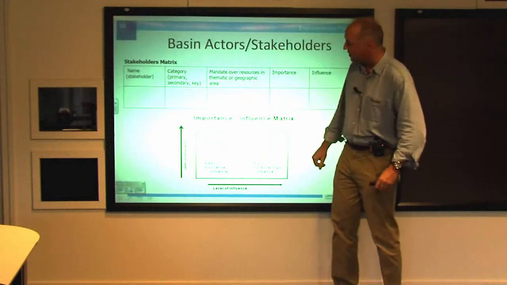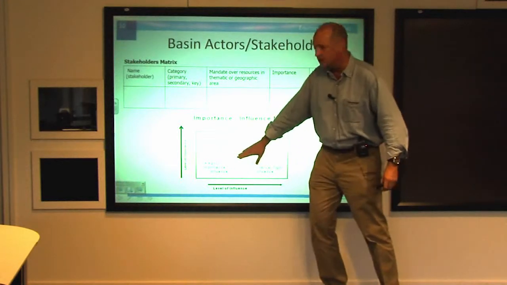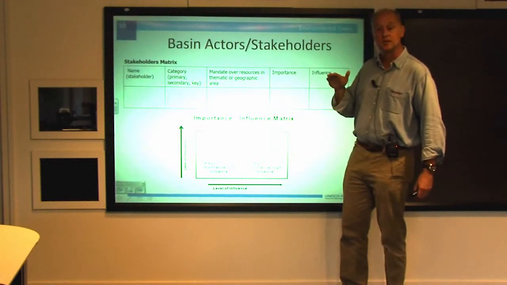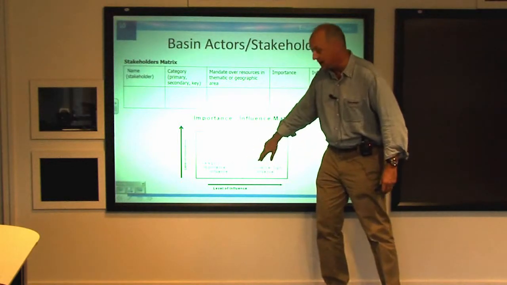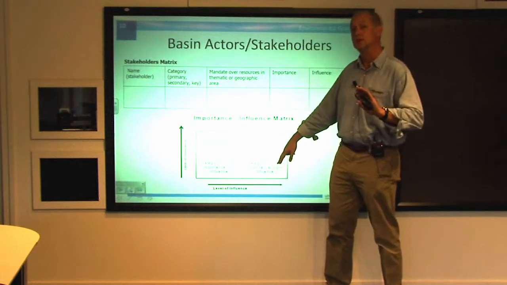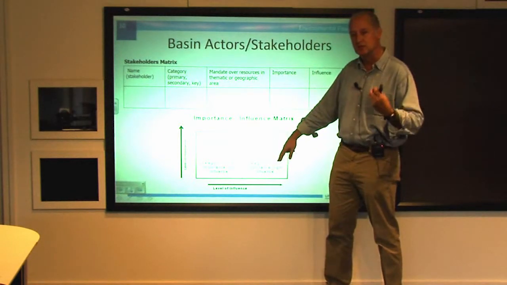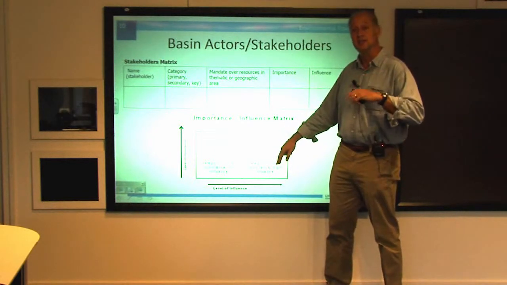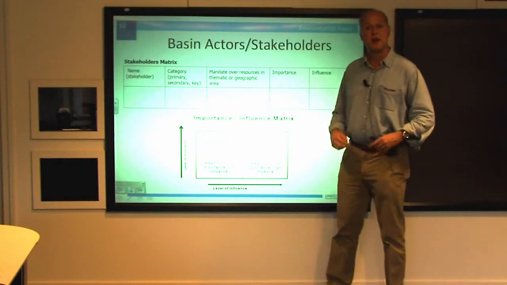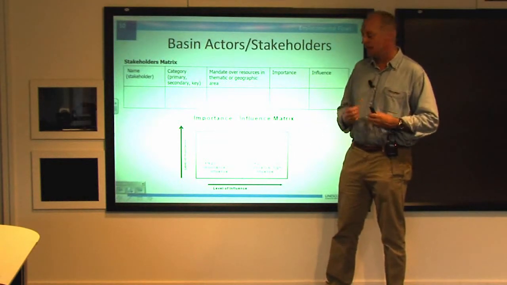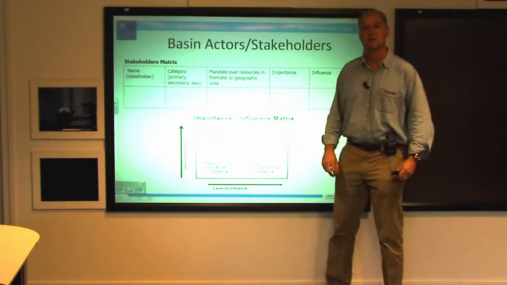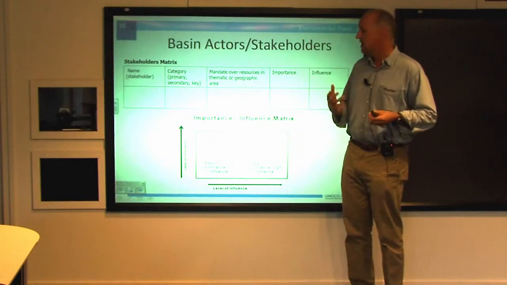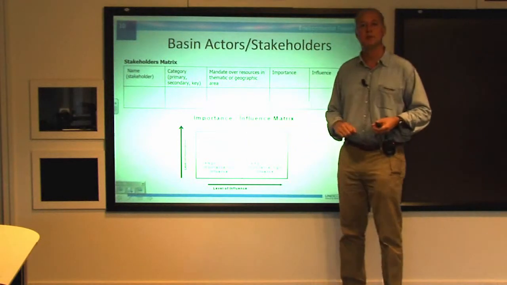And then we have categories 3 and 4, which are stakeholders for which the issue of environmental flow is of lower importance, and they may either be highly influential organizations that we will want to keep informed of what we're doing, to make sure that they understand, to try to avoid any misunderstandings that might lead to a negative intervention by that influential stakeholder. And then, of course, there's a category of stakeholders that are both not particularly interested in the topic of environmental flows and also of relatively low importance.